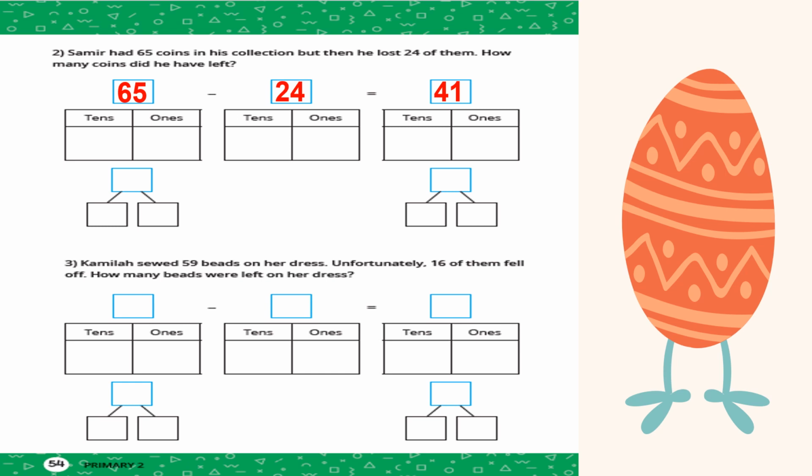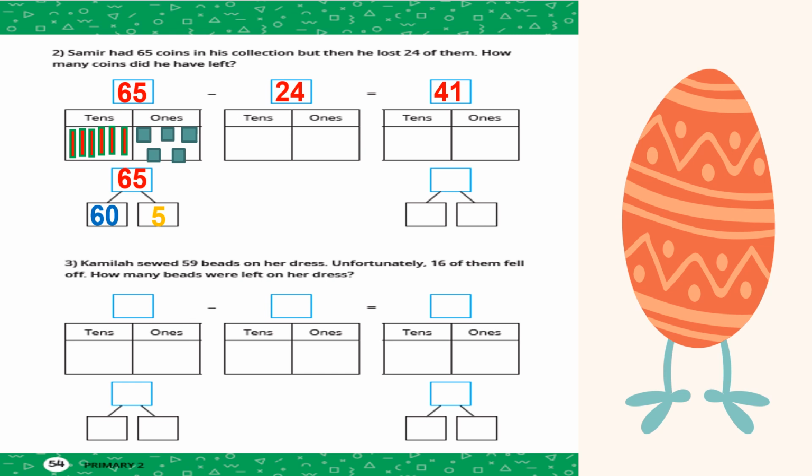65. How many sticks do we have? 6 sticks. How many small squares? 5 small squares. Let's decompose 65. 60 plus 5. 65 minus 24.